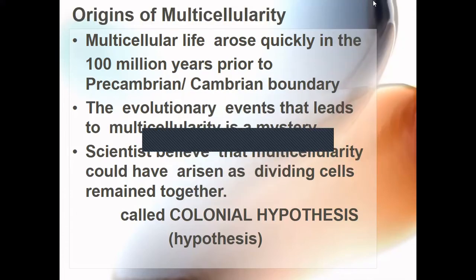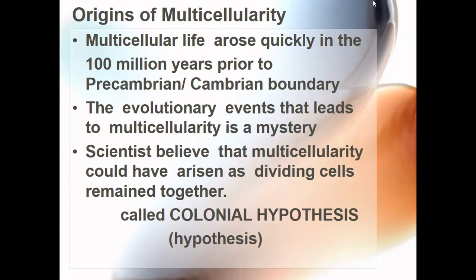So what is the origin of multicellularity? So multicellularity, life arose quickly in 100 million years ago. And we have the hypothesis called the colonial hypothesis. Now, the colonial hypothesis believed that all protozoans group together and they form specialization or compartmentalization.